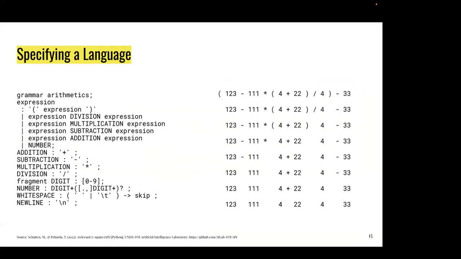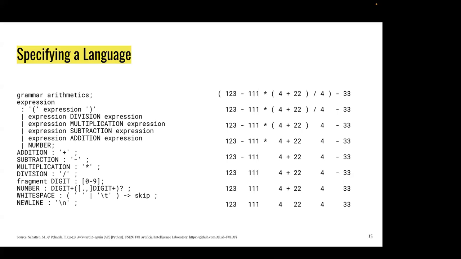So how can we specify a language? Well, it's not extra complicated, depending on how detailed you want to go. What you can see on the left side is a language specification for simple arithmetic, for adding, subtracting, multiplying, and dividing numbers.